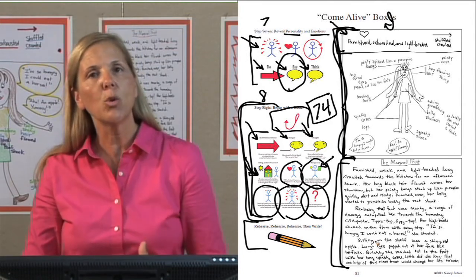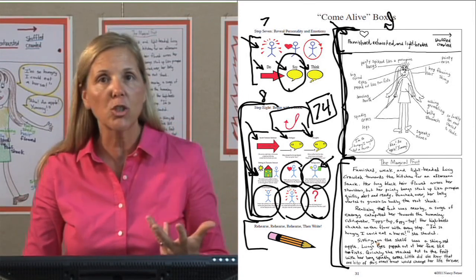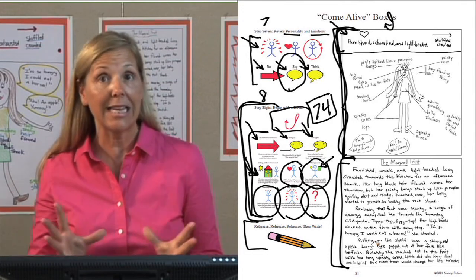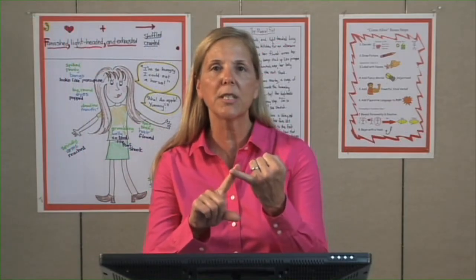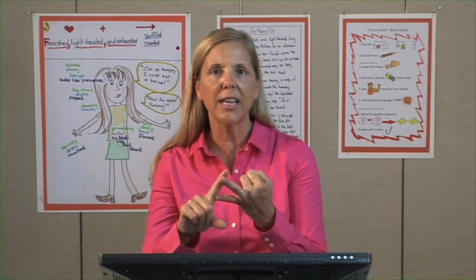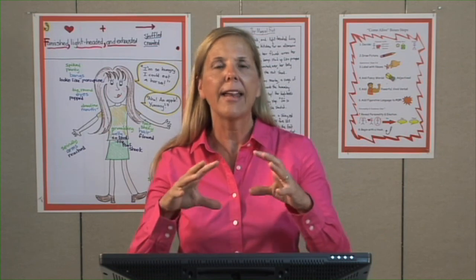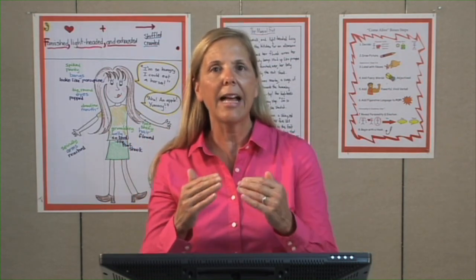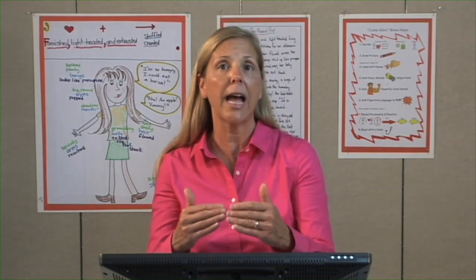Because we want them to eventually just be able to do this with ease, master it so that it's just a natural way of thinking when they develop characters, a setting, anything that they need to describe in their story. If you've been doing movie scripts and Come Alive boxes, your children will write stories that will make characters in the setting come alive and seem real, and will have interesting actions and reactions throughout their entire narratives.